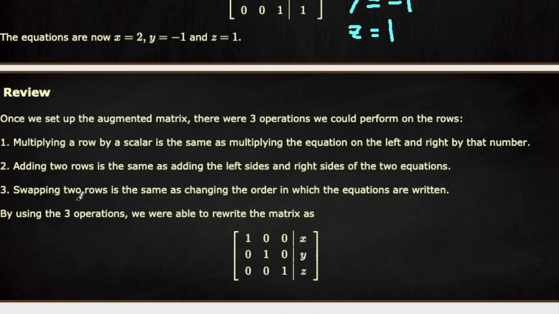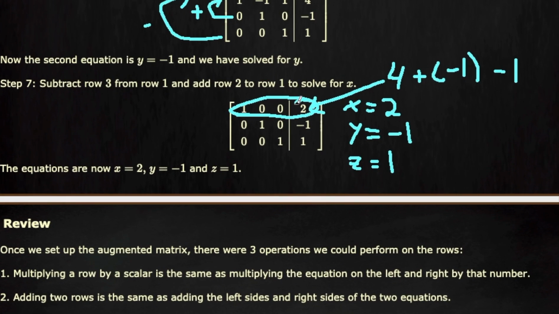And then we could swap rows, which is just like changing the order in which we've written down the equations. And we were able to reduce to, on the left-hand side, this diagonal of 1s on the diagonal only, and then 0s everywhere else. And then on the right-hand side, those were our answers, x, y, and z. Right, if I go up, the answers are 2, -1, and 1, so that's our solution.